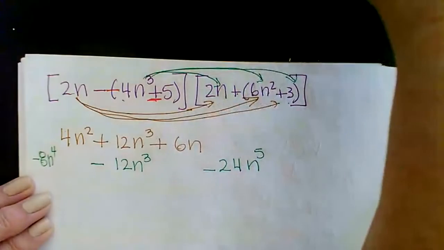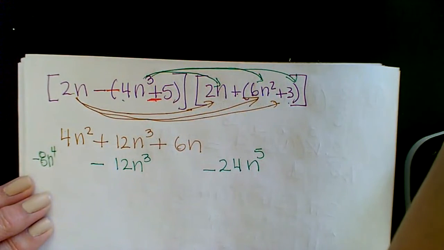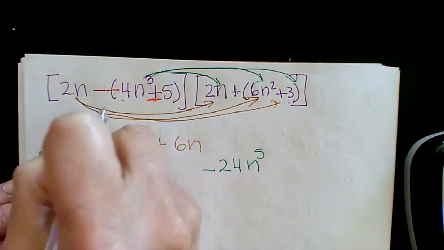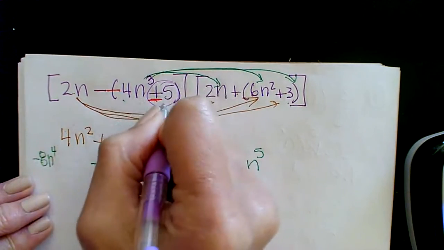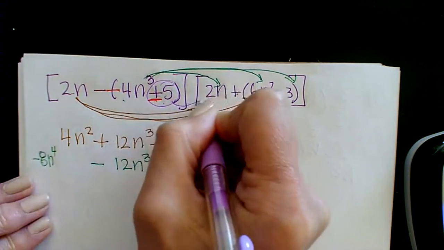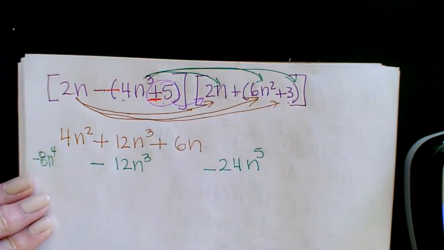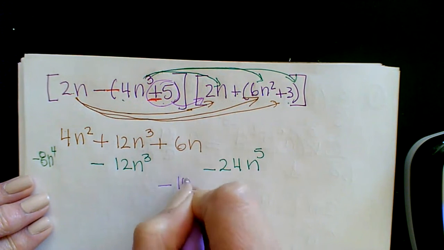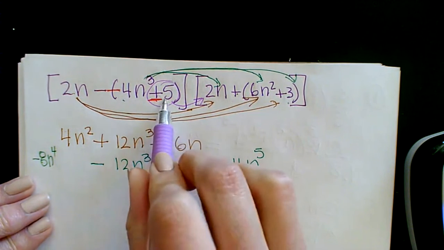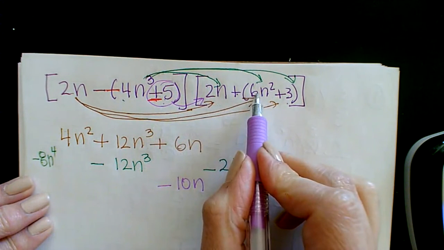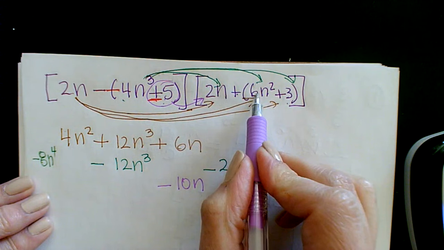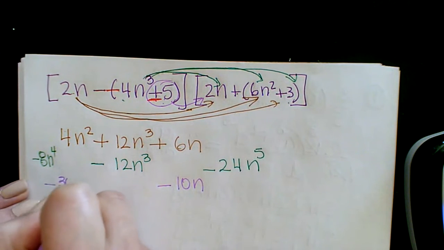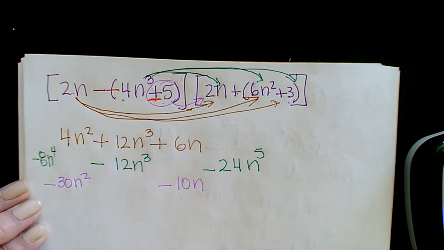Now, let me get a different color. This one. Now the 5 is going to be negative 5 times 2. So it's going to be negative 10n. Negative 5 times 6n squared is going to be negative 30n squared.